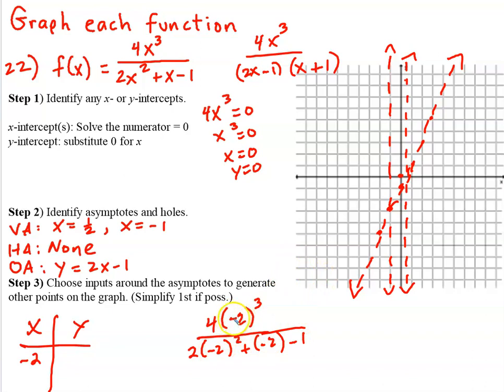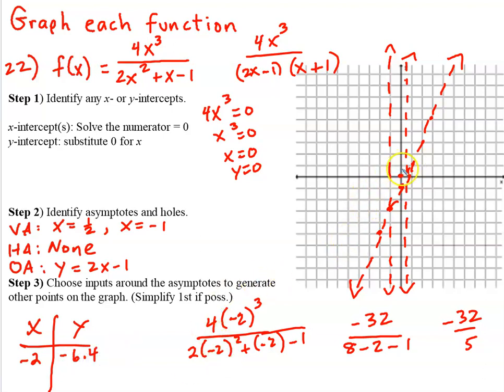So -2 to the third is -8 times 4, that's -32. And down on the bottom, this is 4 times 2 is 8, minus 2 minus 1. So -32 divided by 5. And I'll just go ahead and get the decimal of that: -6.4.